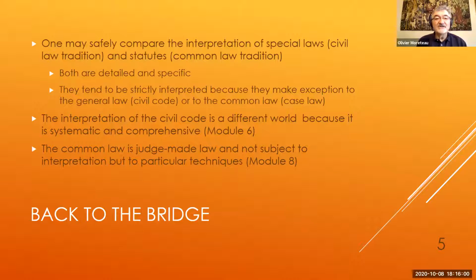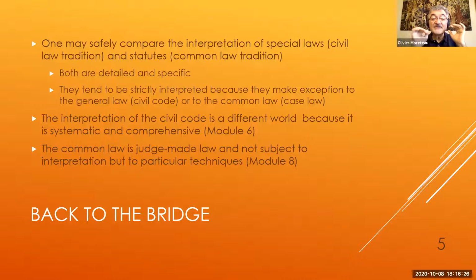Back to the bridge. So one may safely compare the interpretation of special laws in the civil law tradition and statutes. Both are detailed and specific. They tend to be strictly interpreted because they make exception to the general law, civil code, or to the common law, case law, okay? But I come now to the general law.